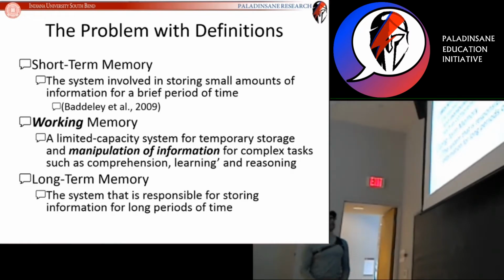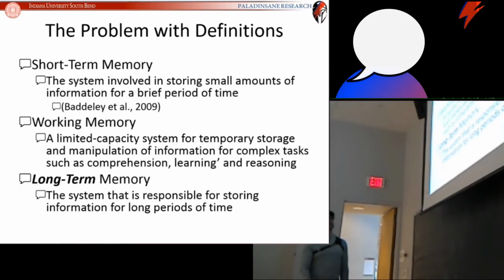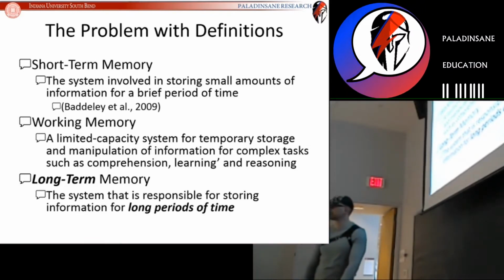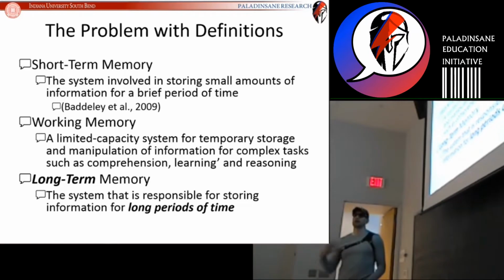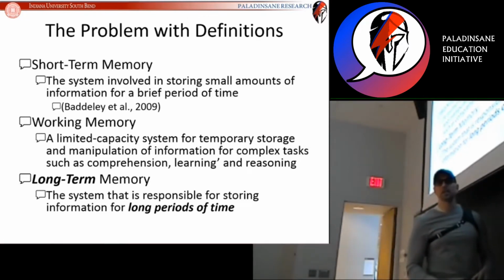And then finally, long-term memory. Once again, it's a system that's responsible for what? For long periods of time. So again, it's very much like blue memory, Spider-Man memory. Long-term memory, what does it do? It remembers things for long periods of time. Why? Well, because it's long-term. It's another kind of circular definition.